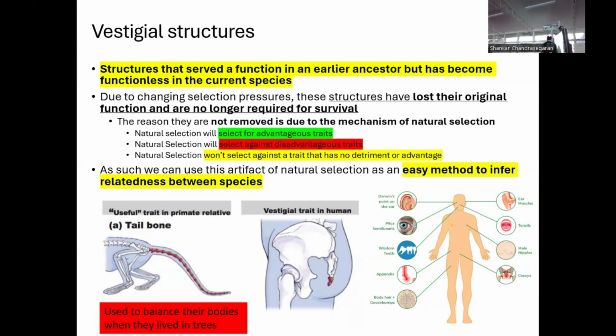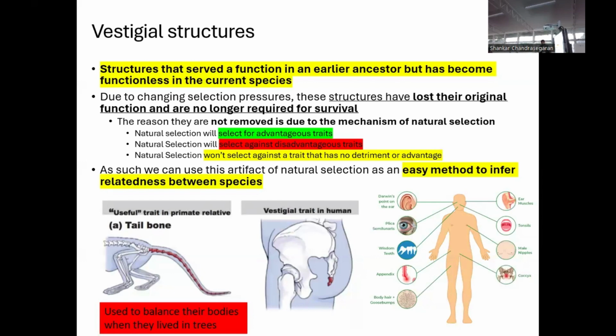If we look not too far, even at monkeys, certain monkey species do have a tail, and that function is very basic. It's used to balance their bodies when they live in trees, right? This is when primates primarily lived in trees, so they needed tails to balance themselves in that environment.